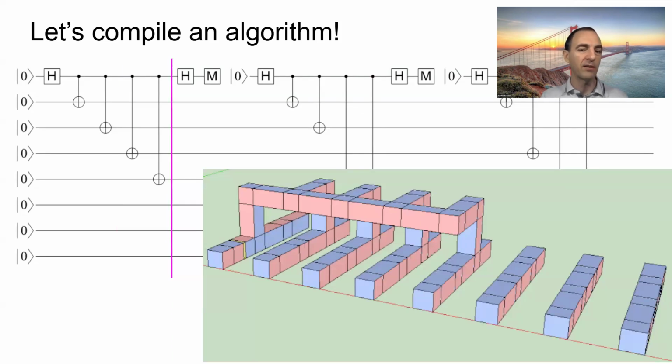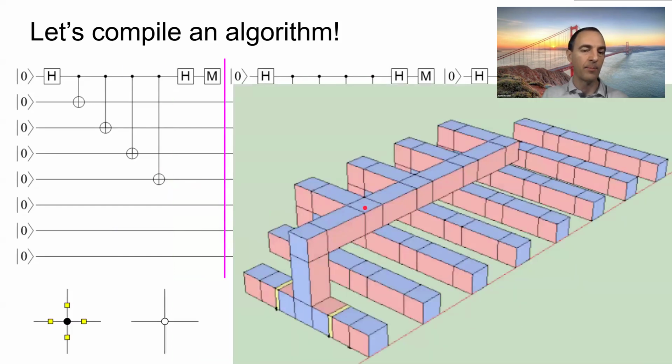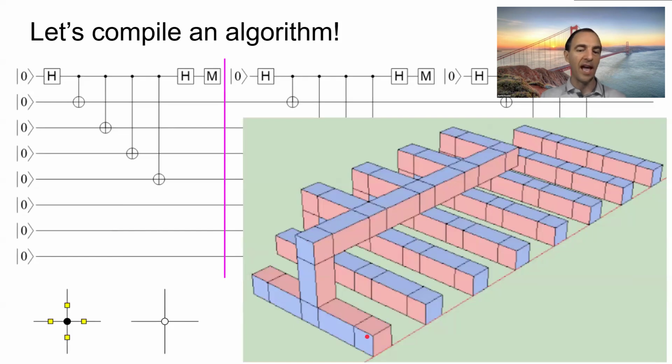So by pattern matching, we can do a single control 4-target CNOT gate, same structure. We can add in the Hadamard, add in the measurement, but now we can apply this Hadamard rule that we talked about. If we toggle the presence of Hadamard here and flip the color of this node, I get an equivalent graph, this one. And then I can see that this whole structure here is topologically trivial.